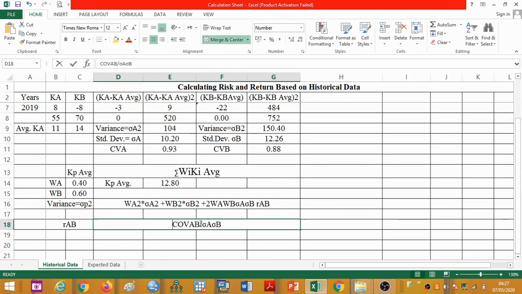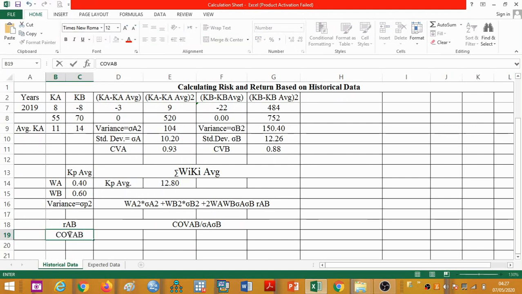So covariance of A and B, formula for the covariance of A and B is equal to, so I'll put it here, covariance of A and B, and for that the formula is for the historical data. Remember, for the expected data we will do it in the next video.